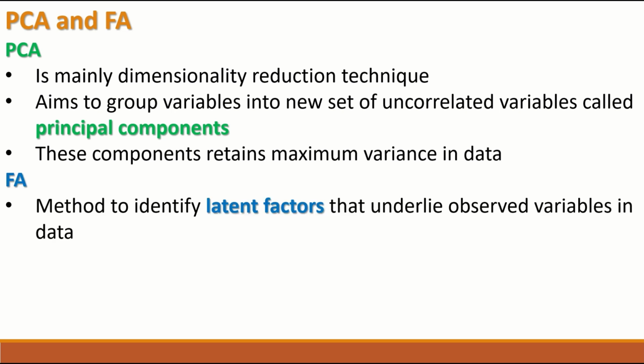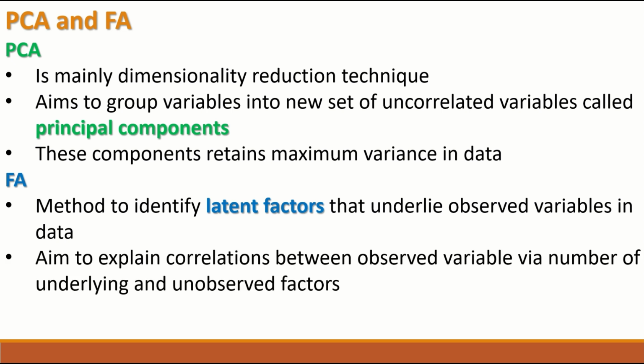However, FA is a method to identify latent factors that underlie observed variables in data. It aims to explain correlations between observed variables via a number of underlying and unobserved factors.